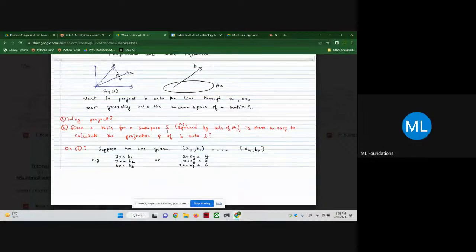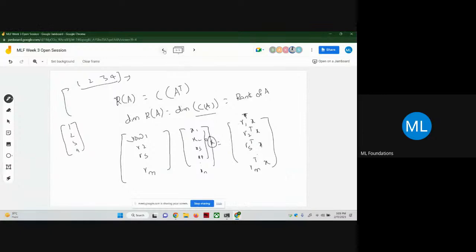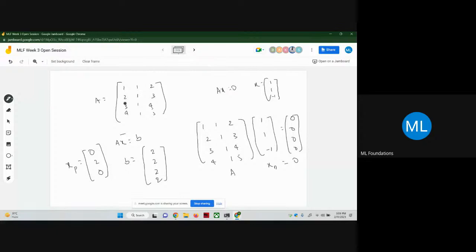So whenever we're talking about Ax equals b solutions, sometimes b will not lie exactly in the column space of matrix A. In this particular case, the column space of A is just the span of the first two vectors.